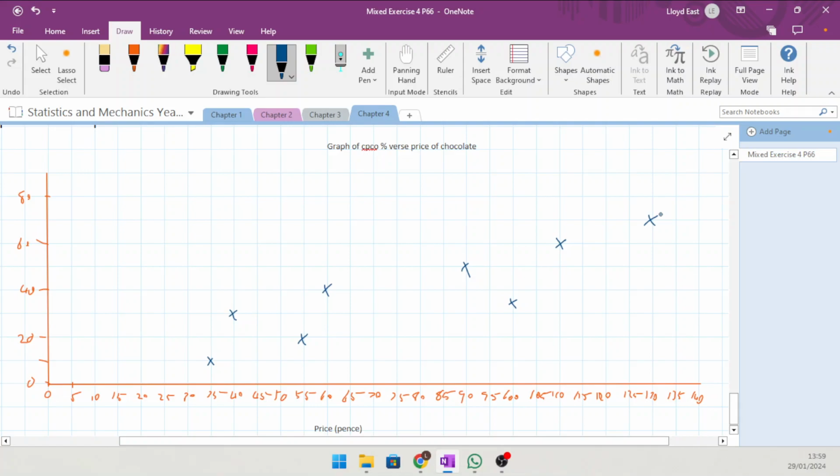The equation of the regression line of y on x is y equals 17.0 plus 1.54x. So we're going to be down here on 17.0, something about there.